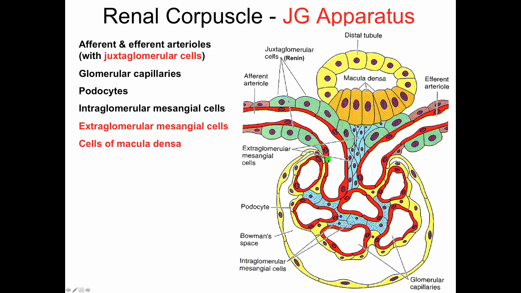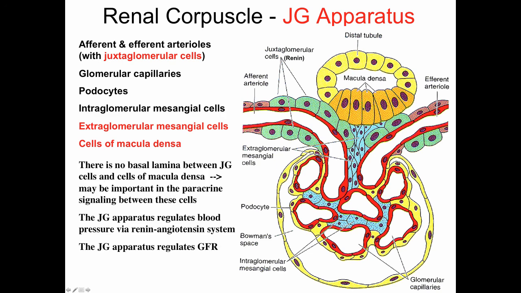We show profiles of the glomerular capillaries, so the endothelium of the glomerular capillaries is highlighted in red. We have intraglomerular mesangial cells highlighted by these blue cells within the glomerulus itself, and then there are extraglomerular mesangial cells that are external to the glomerulus, and then the cells of the macula densa, as shown here.